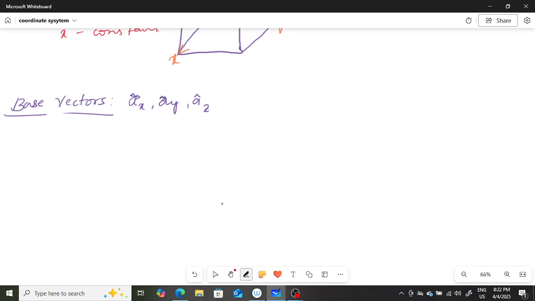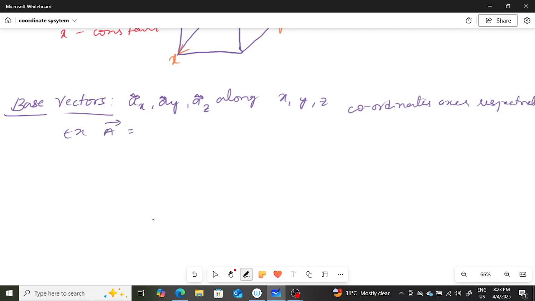If you get confused with the cap, you can write it as an arrow-headed symbol. ax, ay, az are the three base vectors along the x, y, z coordinate axes respectively.